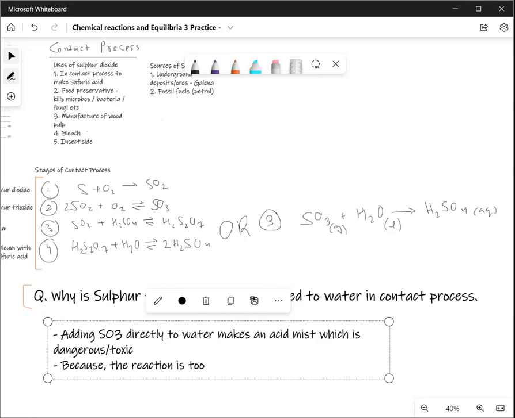I can't remember the word. It's too. I can't say it's too reactive. I can say the reaction is too reactive, but that's not a good word. There's another thing here. Just a second. Right. So I can't see the question.